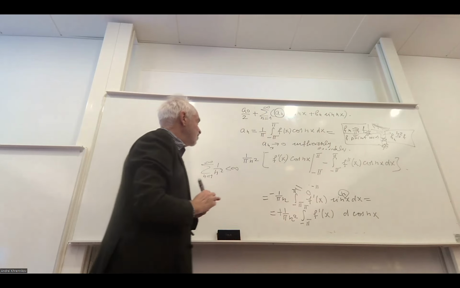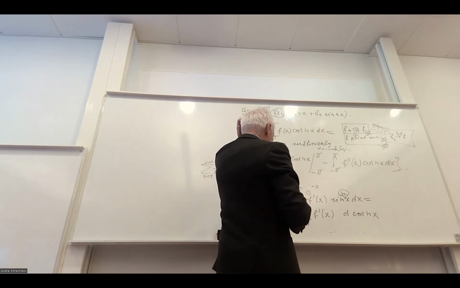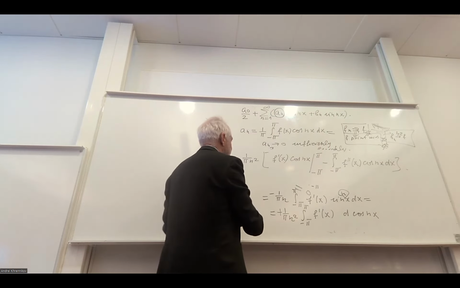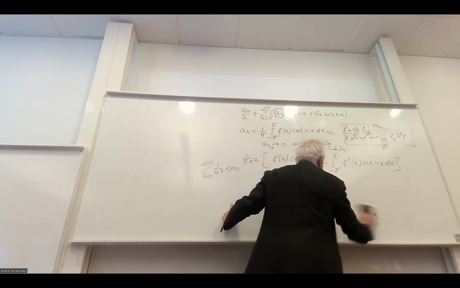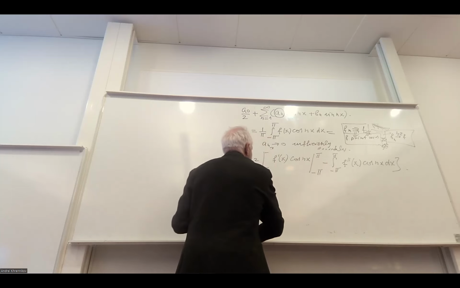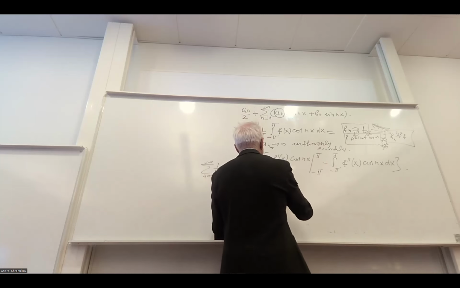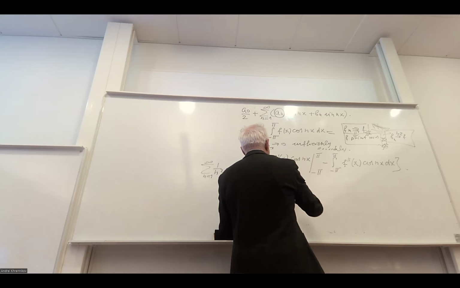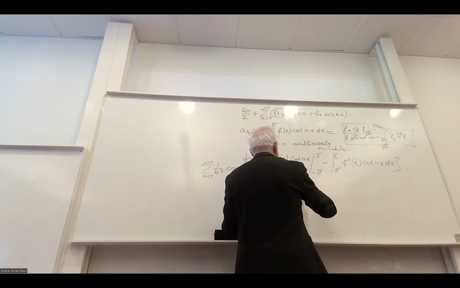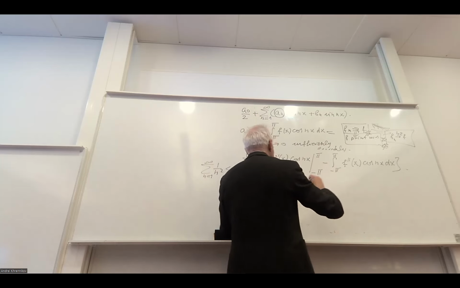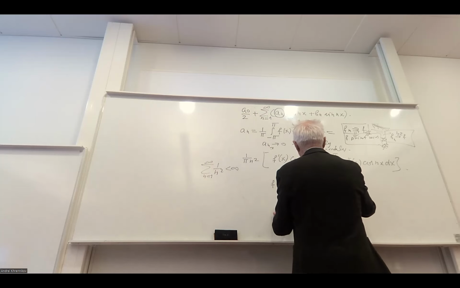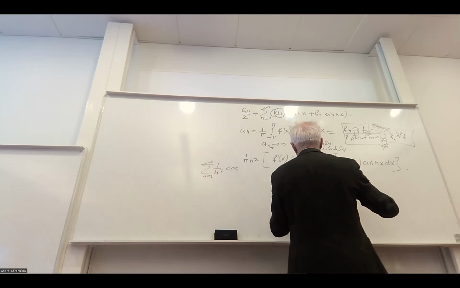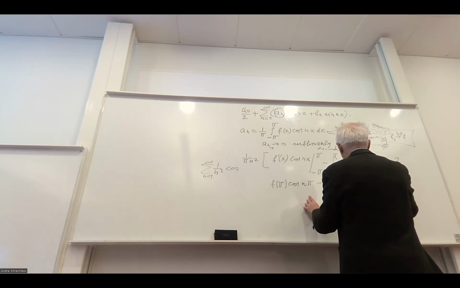So now I want this to be 0. Maybe it's always 0, but maybe we need to ask that the derivative is also periodic. Let us see. So f'(pi) cos(n pi) minus f'(minus pi) cos(n pi).